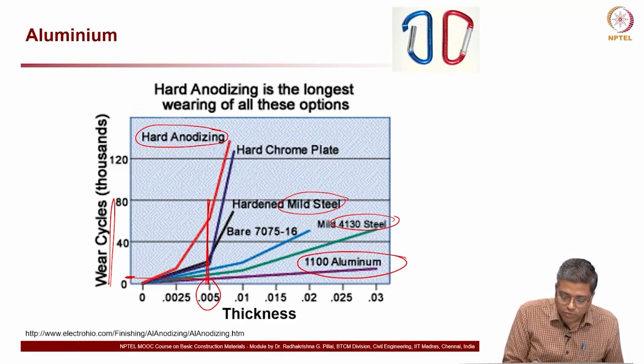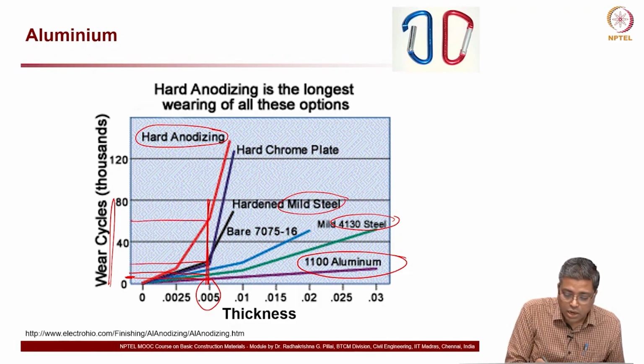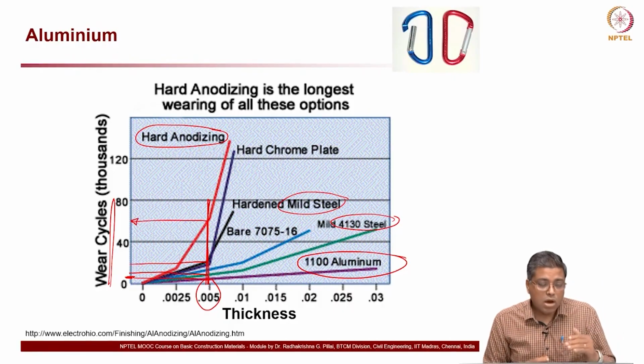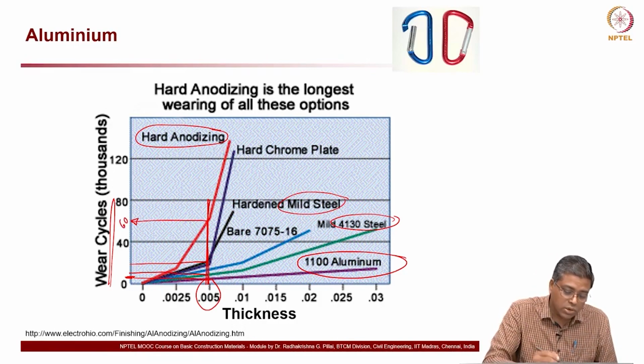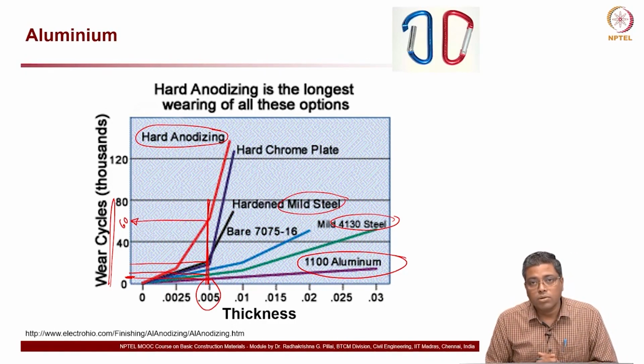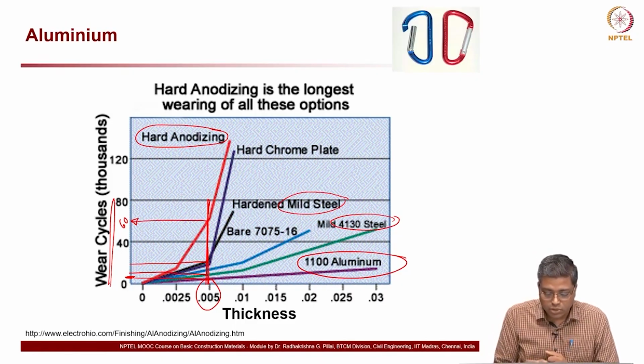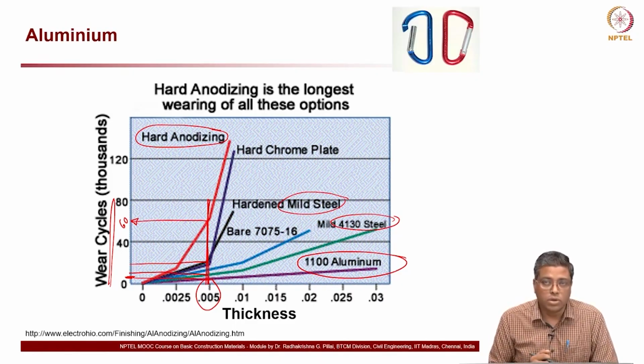And in case of a mild steel, maybe this is here. In case of hardened steel, you can see it is somewhere here. And in case of hard anodized aluminum, it is somewhere here. So that's the huge difference you can see. About 60 additional cycles were required to remove that thickness loss we are looking at. Okay.